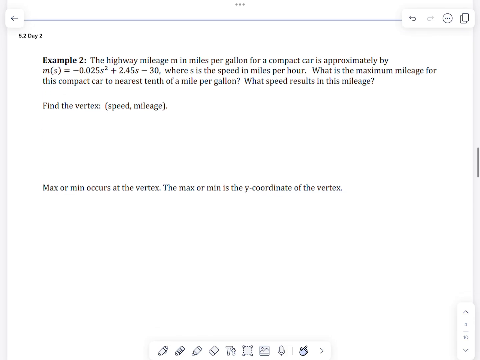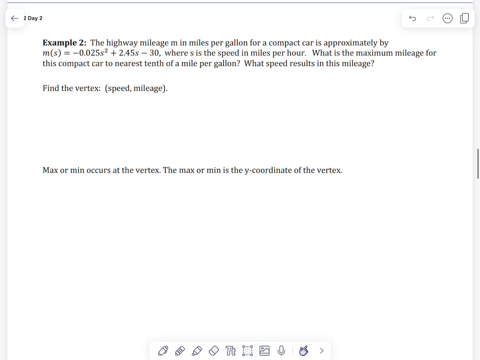Example 2, we want to go ahead and do an application problem with a quadratic function in standard form. So you can go ahead and pause and read. What I like to tell my students to do is if you're not comfortable with the variables m and s, you can change that function to x and y.